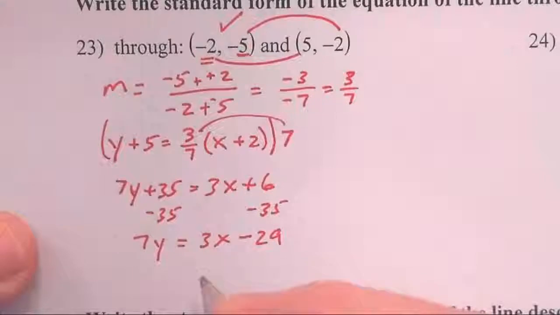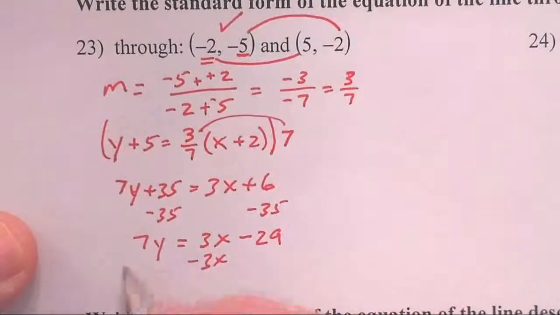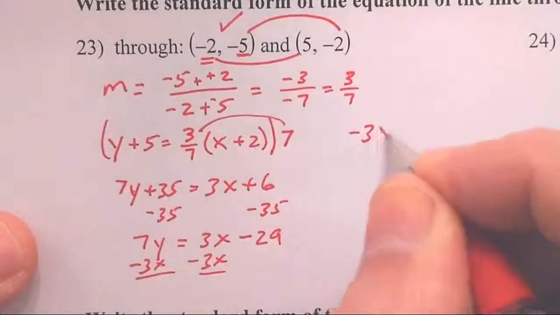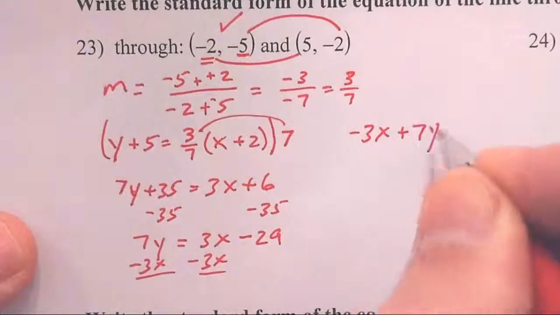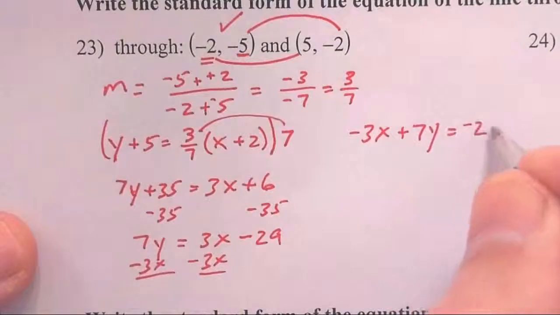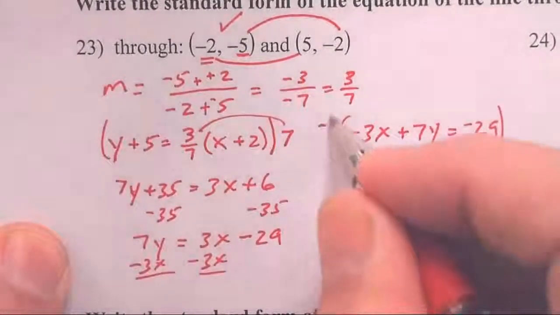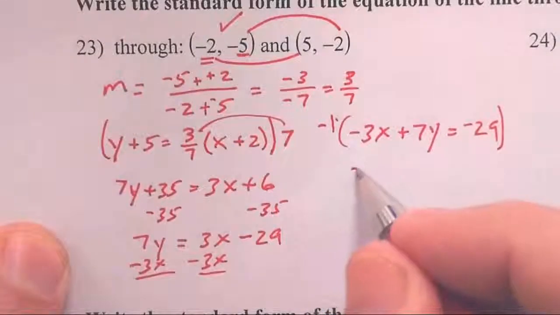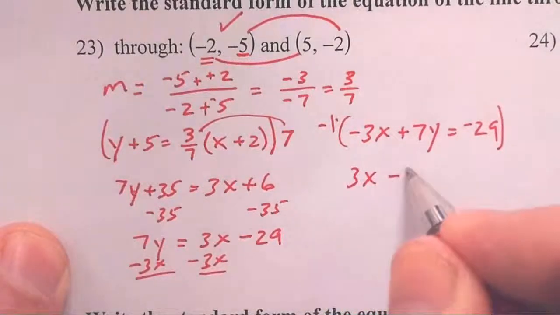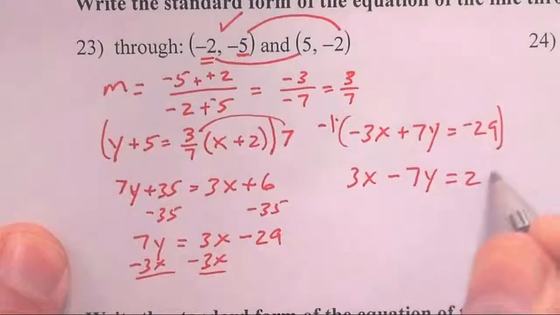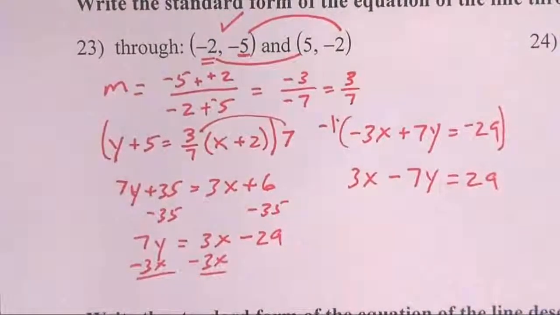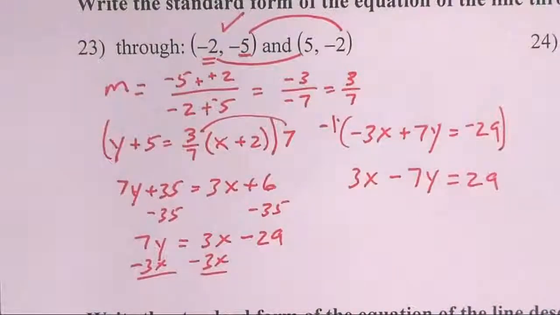I'll subtract 3x. A minus 3x came over and joined a plus 7y, left behind a minus 29. And I'll multiply both sides by negative 1. 3x minus 7y equals positive 29. Okay. So just a whole lot of easy little steps.